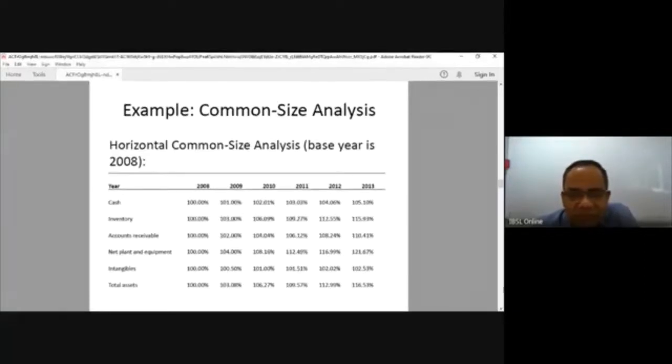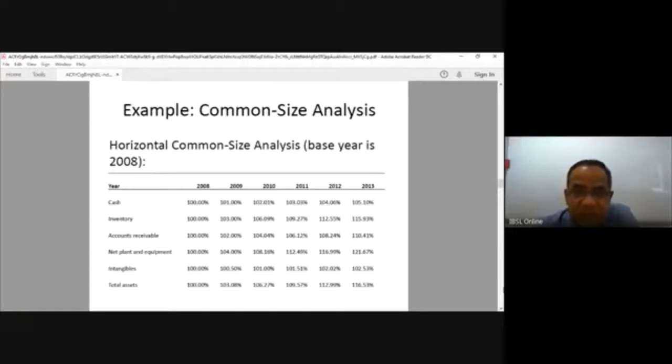Account receivable, over a period of time, has increased to 110.141%. Right? That means account receivable has shown a higher growth. Plant and equipment has shown an even higher growth. That's what we looked at earlier also. It has increased from a base of 100% to 121.67%. Yes. Intangibles have grown. Total assets have grown to 116, by 16% compared to the base year.